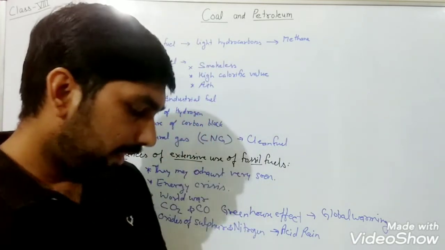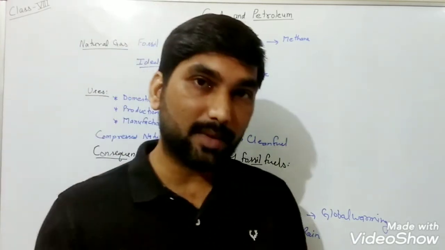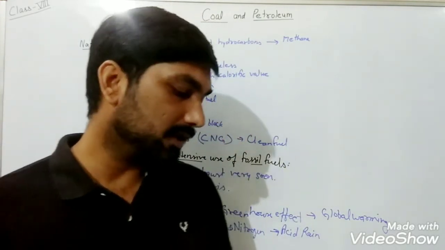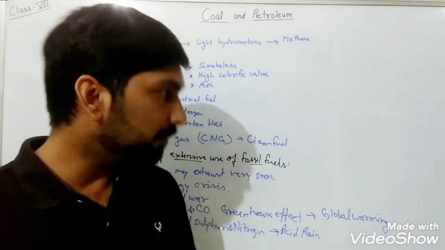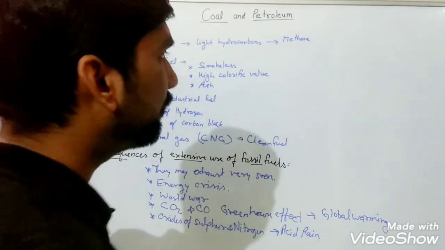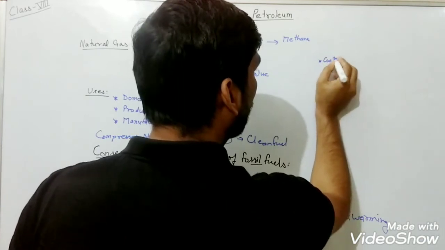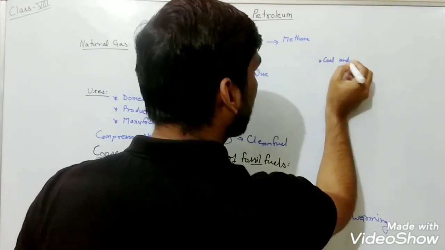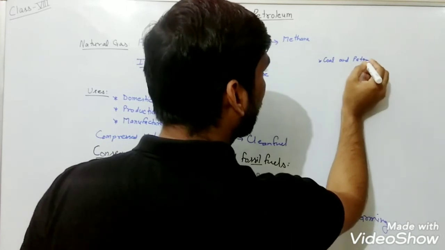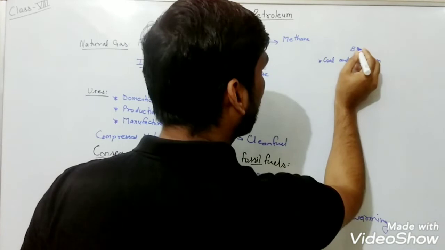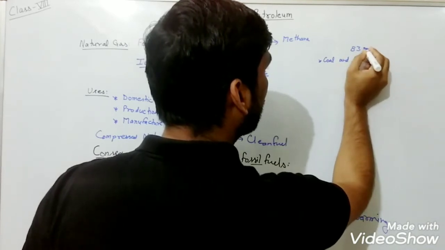So the exercise that is given on page number 83, you can open your book and you can see there the first question. Name 2 exhaustible natural resources. So here you can write what? Coal and petroleum, and this is given on what? Page number 83.